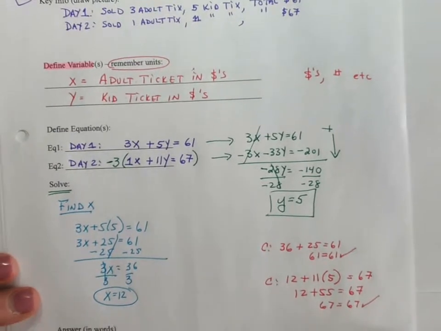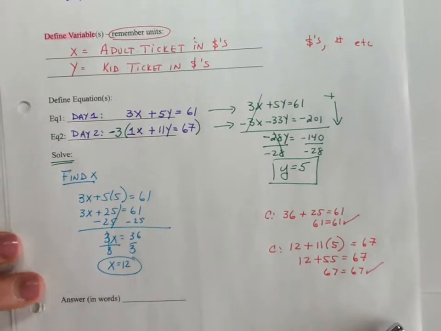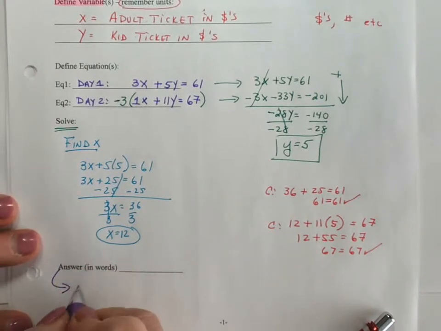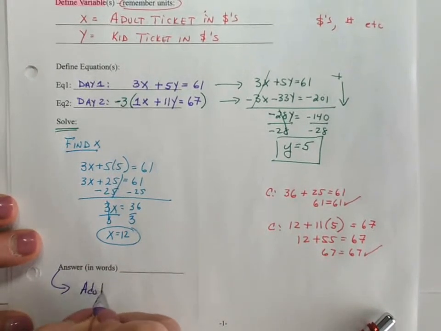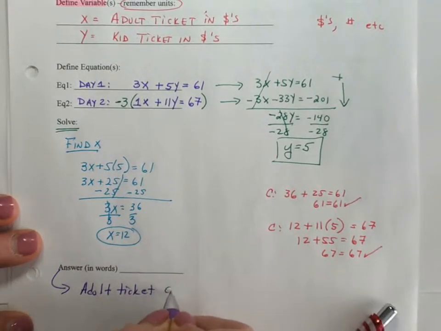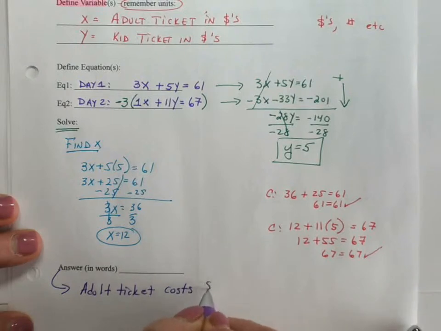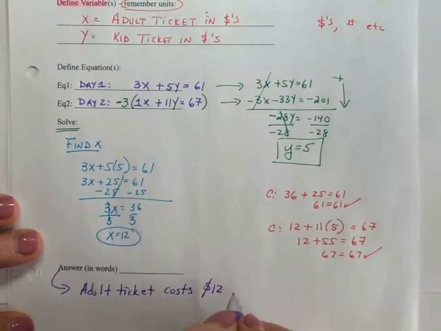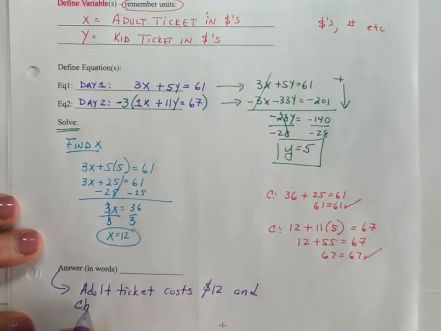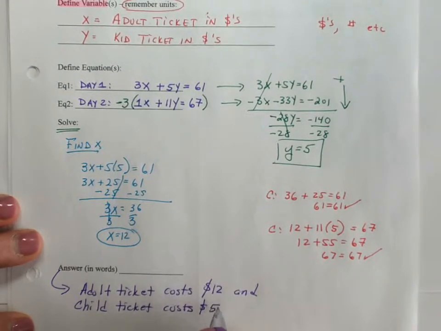So the final answer in words is: an adult ticket costs $12 and a child ticket costs $5.